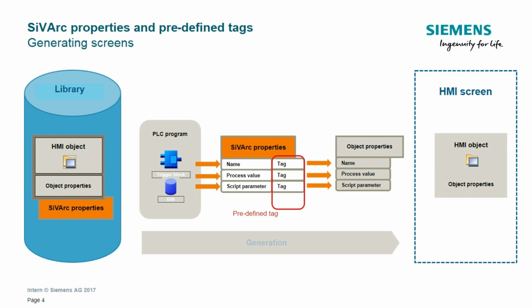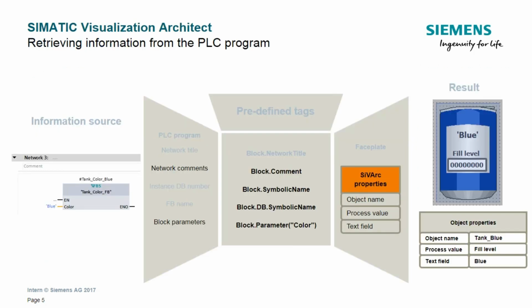I made one example here. We do have in our FB a color input, which is blue, and we access this parameter with block.parameter, so block, which is our FB, and we access the parameter, in that case called color, and we put it on our text field property.